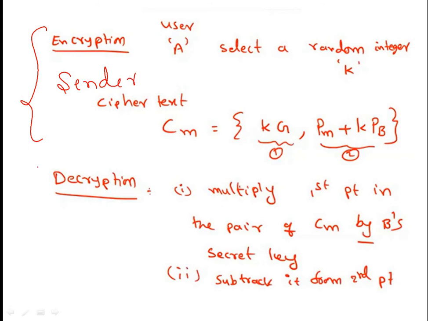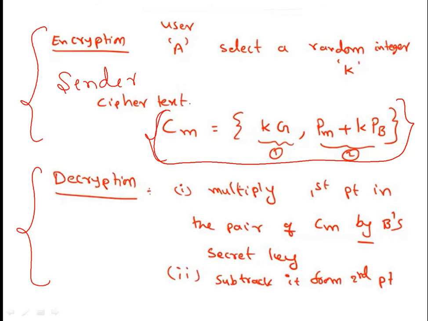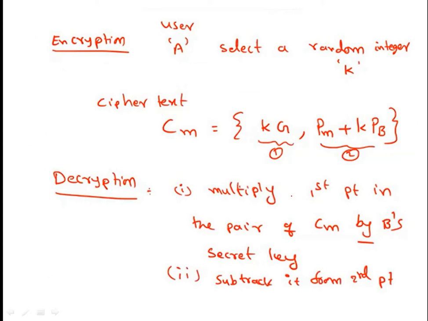Now let us come to the receiver side where the decryption takes place. So what will the receiver do? The receiver first will receive this value from the sender. Ciphertext will be received here. Then what will it do? You can see here. First, multiply the first point in the pair of Cm by B's secret key.